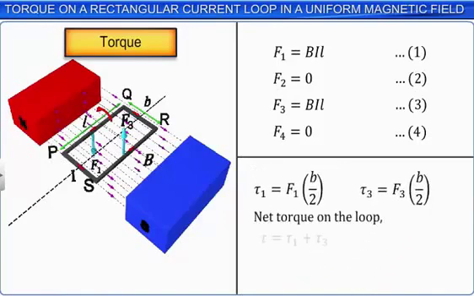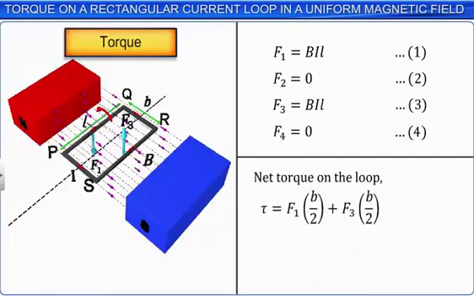The net torque on the loop τ is equal to the sum of τ1 and τ3, which is equal to F1 into B by 2 plus F3 into B by 2. But F1 is equal to F3 and both are equal to BIL.